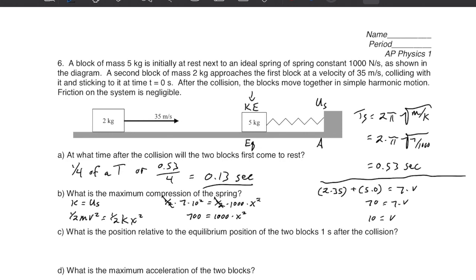Divide by 1,000, and then square root. So we'd get the square root of 0.7 as the displacement at amplitude, at maximum compression. 0.84 is what we get.